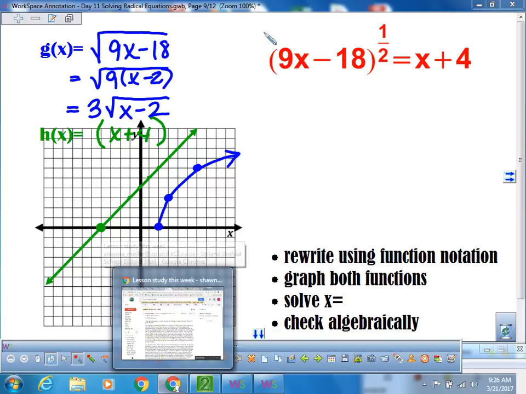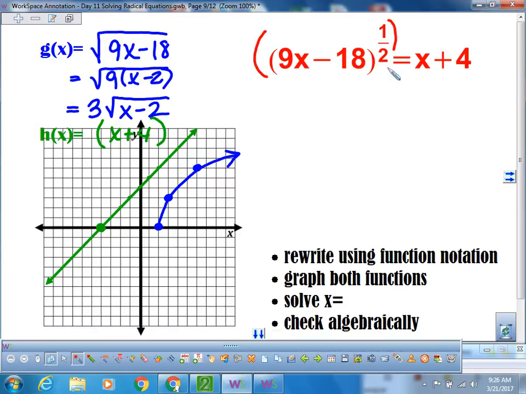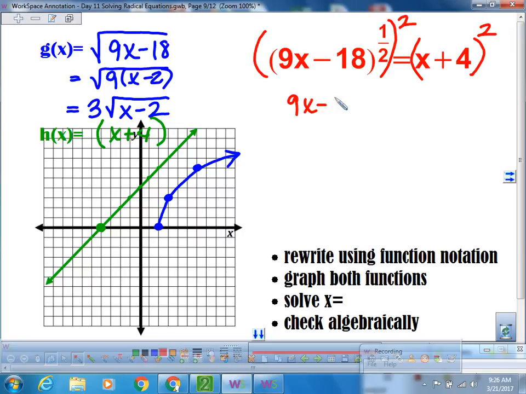So I'm going to square both sides. So when I square both sides, I get 9x minus 18 equals, you guys okay with this? 4x and 4x is 8x. 4 times 4 is 16. Are you okay that I skipped that step?